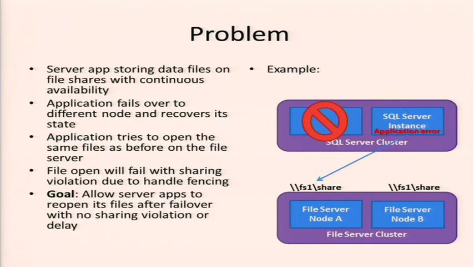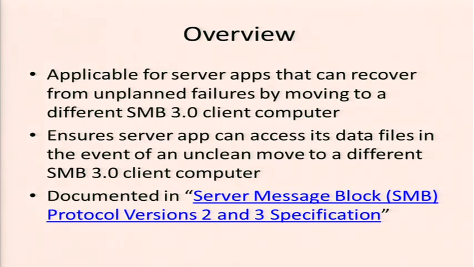So the goal that cluster client failover is intended to solve is to allow these server apps to reopen their files after a failure with no sharing violation or any delay. Does that make sense? It's applicable for server apps that can recover from unplanned failures by moving to a different SMB3 client computer. It is part of the documentation in the protocol specification that I'm assuming you all have read multiple times.